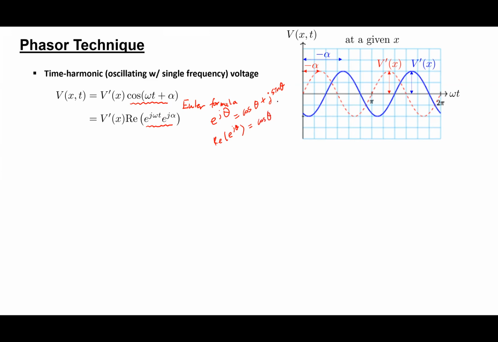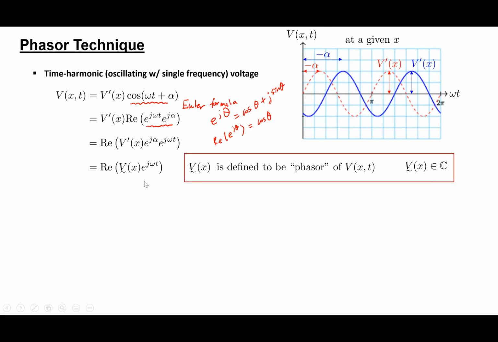And it does not matter for us to move this amplitude term inside this real value bracket. We also move this exponential j alpha term ahead of this exponential j omega t.